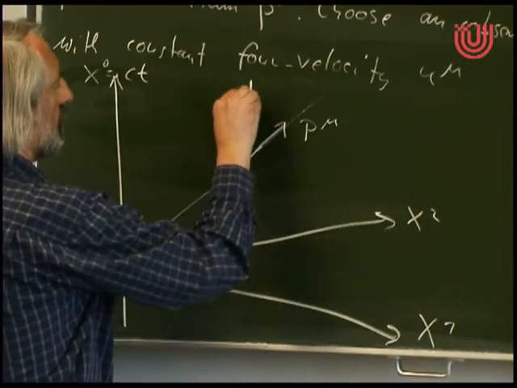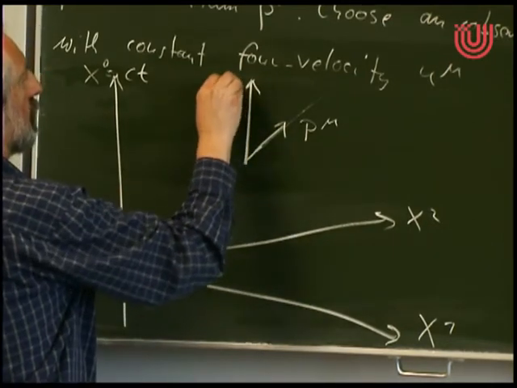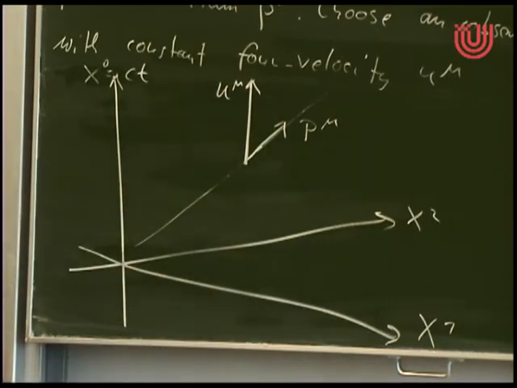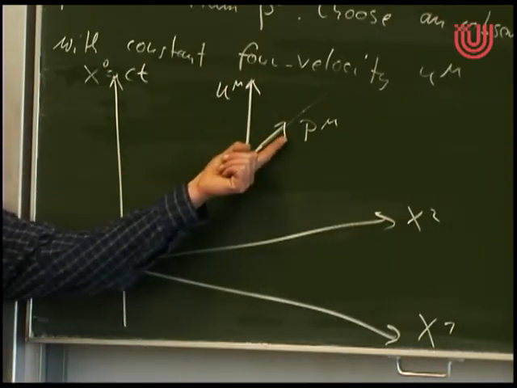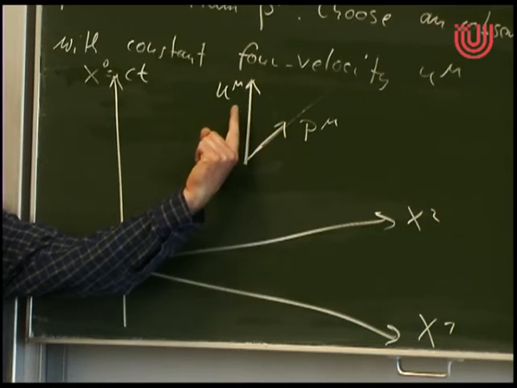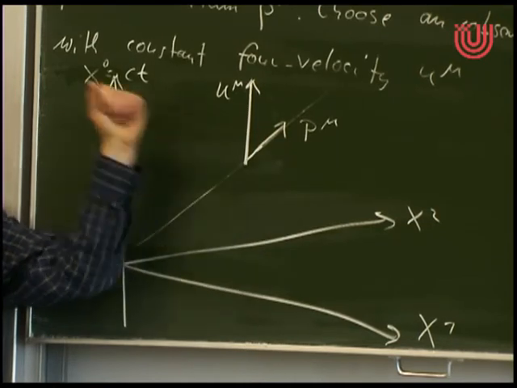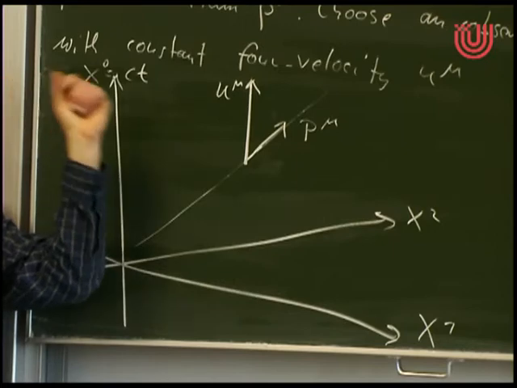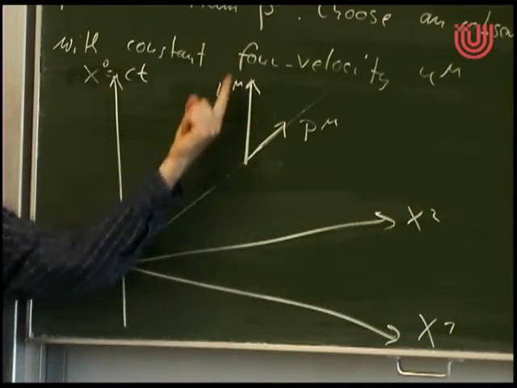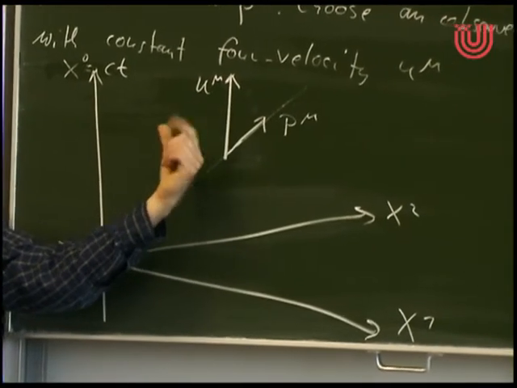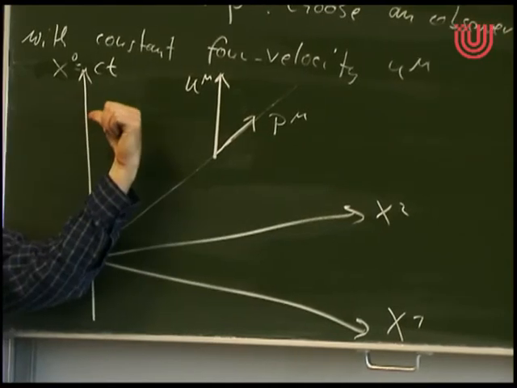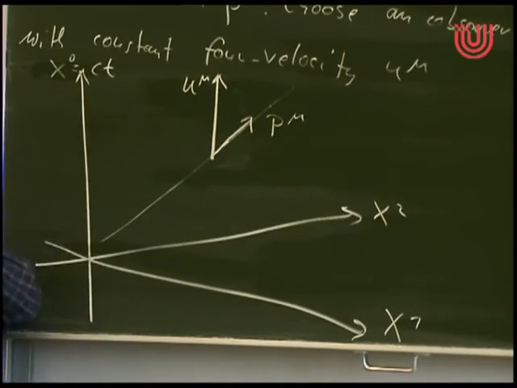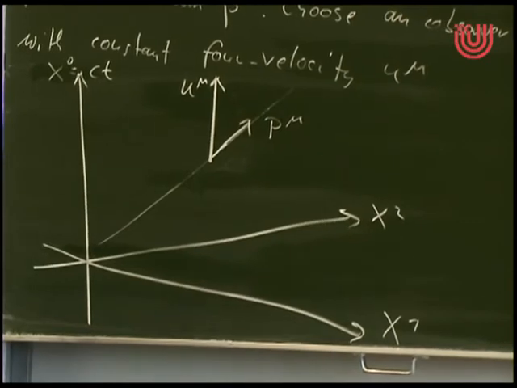And now I choose my four-velocity in this way. And I can do the following thing. I can decompose this vector into a component parallel to u mu and a component perpendicular to it. The way the parallel component transforms gives me the Doppler formula, and the way the perpendicular component transforms gives me the aberration formula. So let me do it in this way.